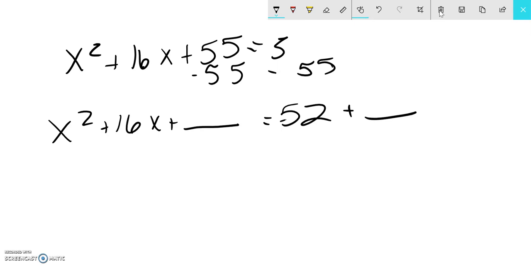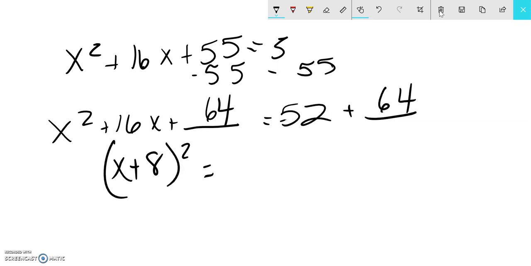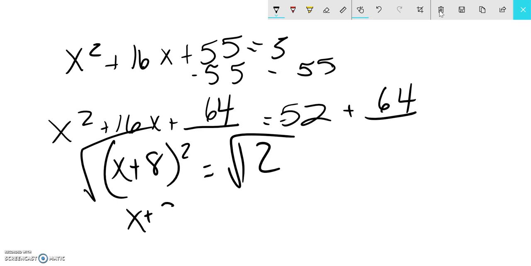Half of b is 8. 8 squared gives me that 64. We know this is going to have to be x plus 8 squared equals, is that 12? I believe that's 12. Yes. Okay, I'm going to take the square root of both sides. We get x plus 8 is equal to plus or minus square root 12. Subtract that 8. So we get x equal to negative 8.